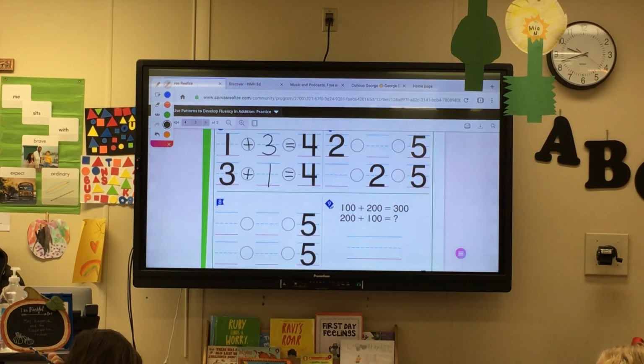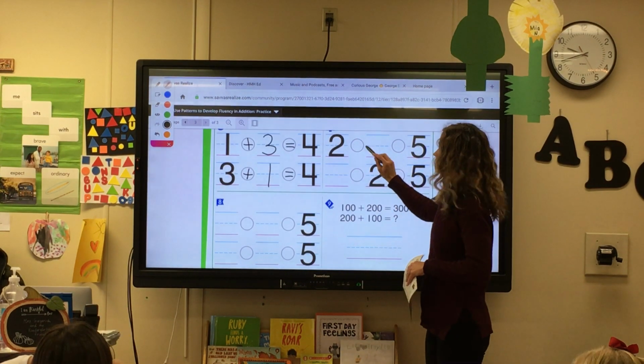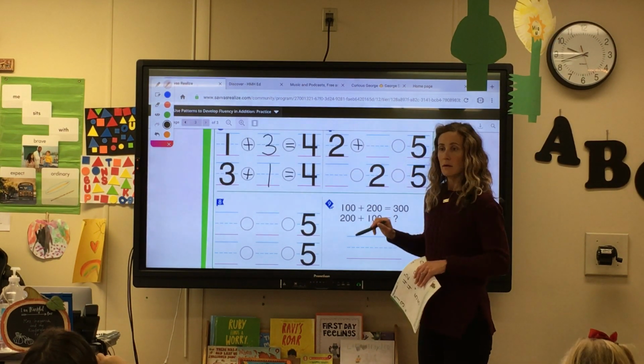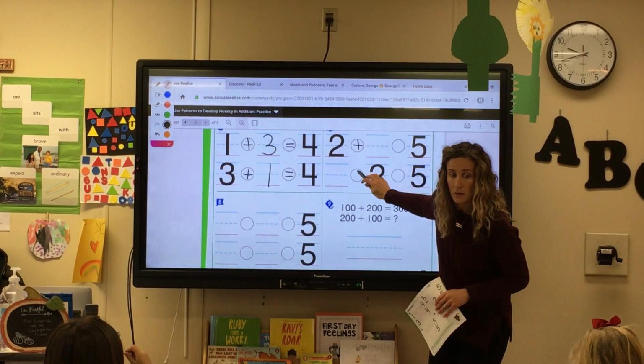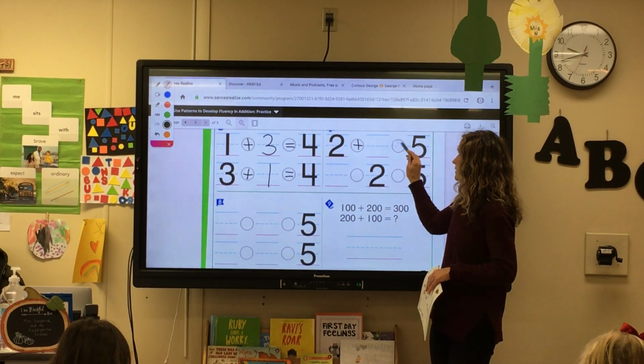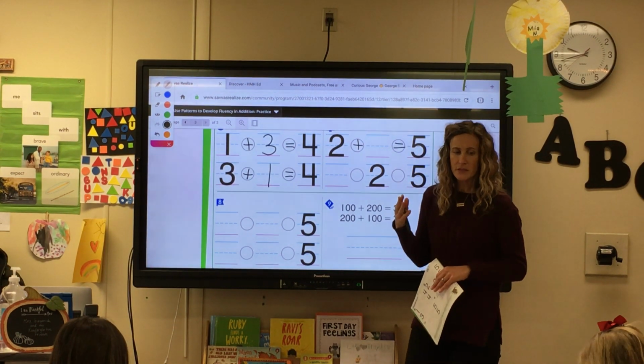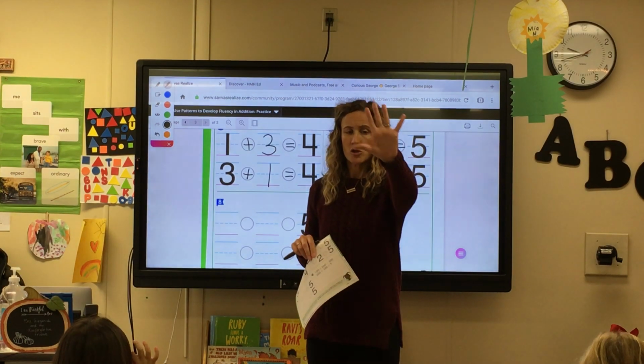So let's take a look at the next one. All right, we have 2. Again, what are we going to write in? Hello, everyone. What am I writing in? Plus. So 2 plus blank equals 5. So again, if it helps, show me 5.